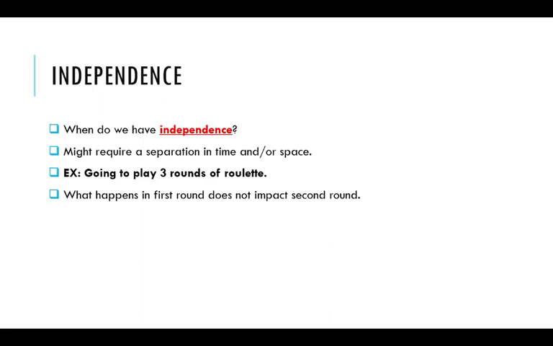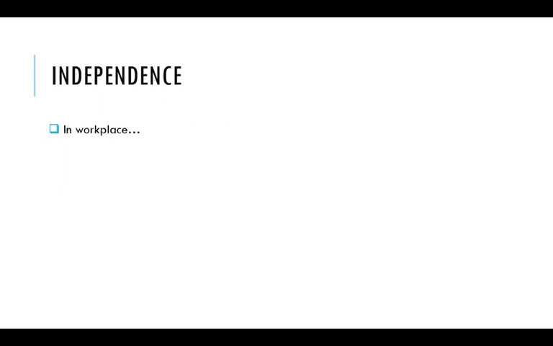I spin that roulette wheel first, I have an outcome, and that has no bearing on what happens the second time I spin. And that has no bearing on the third time I spin because these are events that are separated in time, one after the other. They are clearly independent.